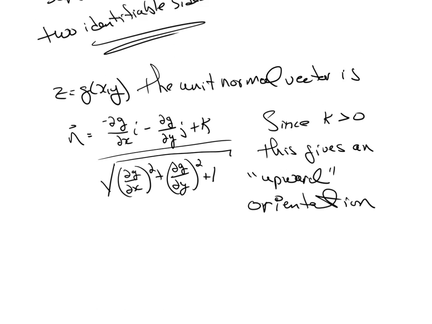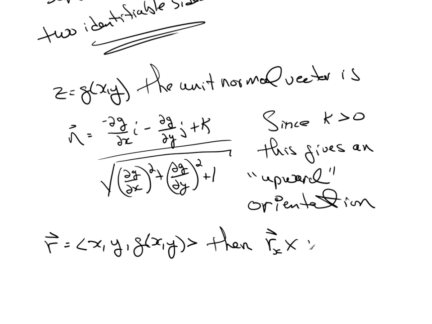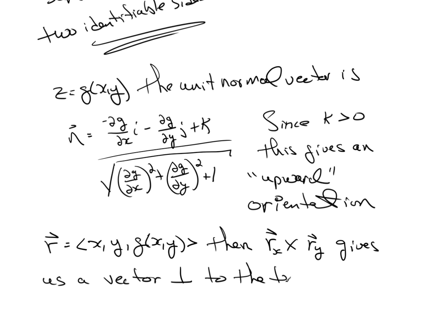Now, just as a real quick reminder, if we parameterize r as x, y, and z, but z of g is g of x, y, then the partial of r with respect to x cross the partial of r with respect to y gives us a vector that's orthogonal to the tangent plane, actually to the tangent plane containing those two partials.